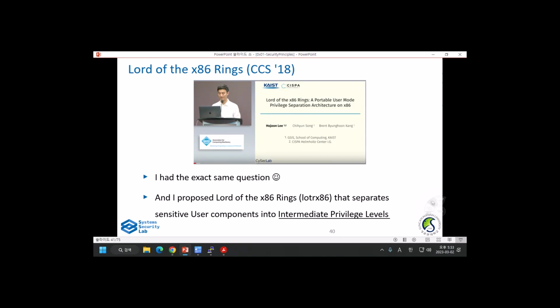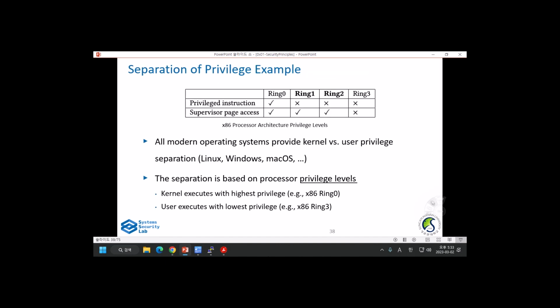Are ring 1 and ring 2 different in any way, or are they the same? In terms of privilege, they're the same. Okay. Do you have some x86 architecture background? Kind of. From reverse engineering? Yeah, reverse engineering. Okay. But typical user program reversing doesn't give you this type of knowledge. What kind of project did you do?